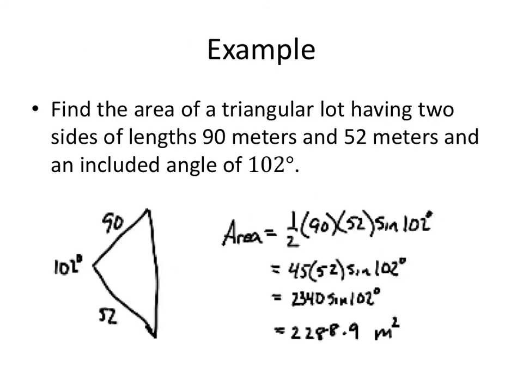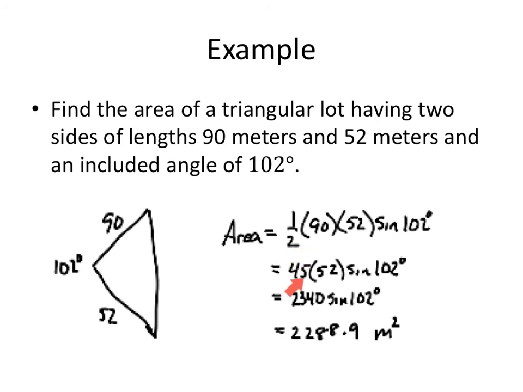For example, we want to find the area of a triangular lot having two sides of lengths 90 and 52 meters and an included angle of 102 degrees. So regardless of what you want to call these, an angle of 102 degrees, we do not use the side across from that, we use the other two. My area will be 1/2 of 90 times 52 times the sine of 102.